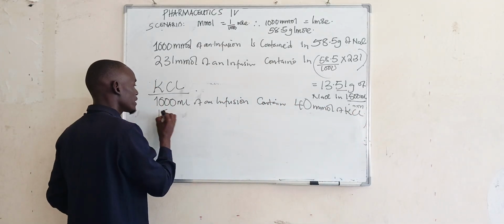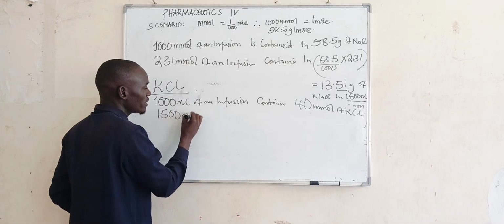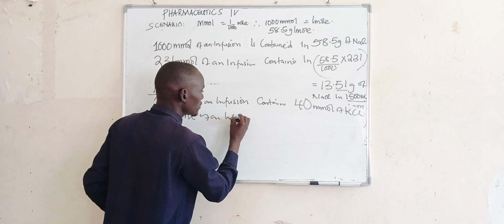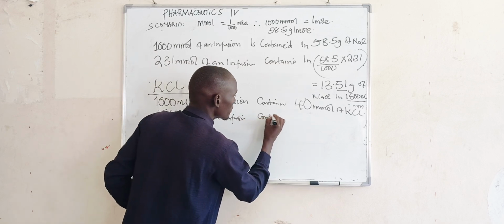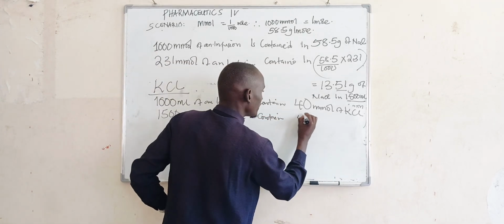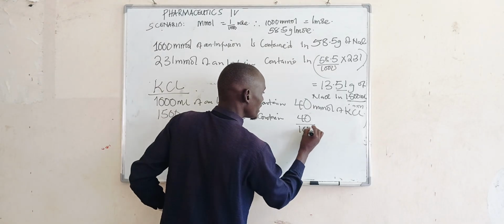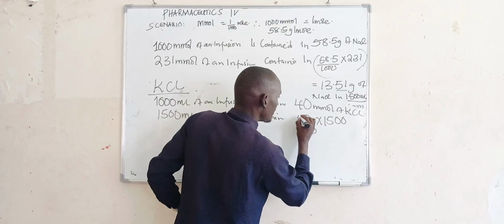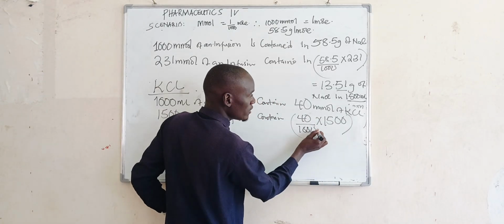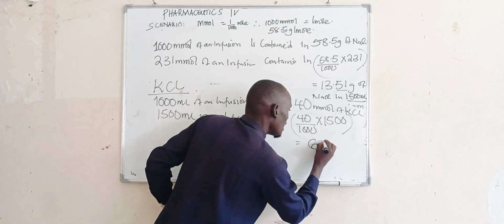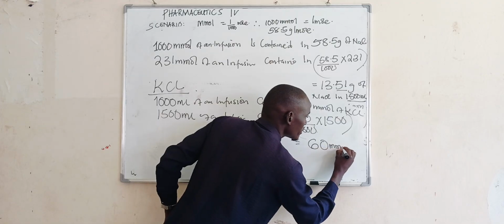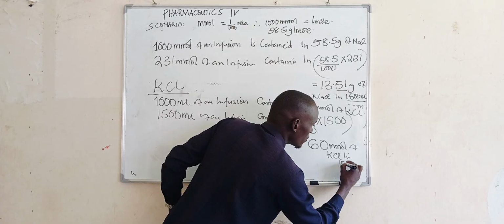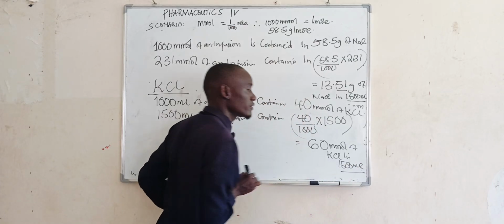How about the 1,500 mils of an infusion? It will contain 40 divided by 1,000 times 1,500. The mils and the mils will cancel, and we shall have 60 millimoles of potassium chloride in 1,500 mils.